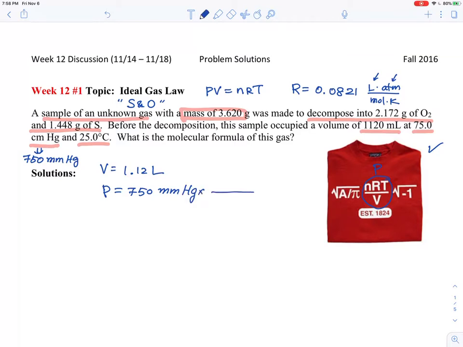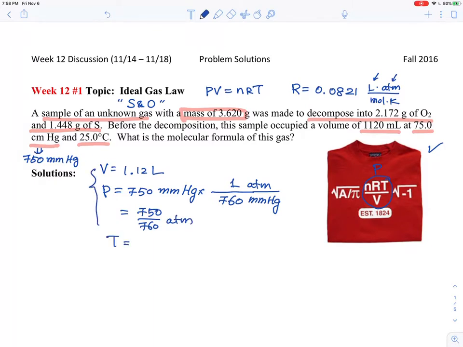I know the conversion is 760 mmHg is 1 atm. So finally, I have a useful number, which is 750 divided by 760 atm.